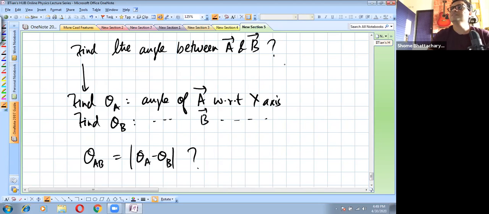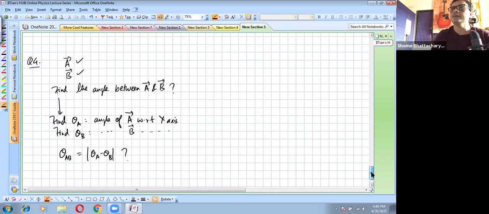So just use the method that we discussed in that problem earlier, where we had found out the angle that a particular vector was making with the x-axis, including the quadrant concept and all that, from the tan theta formula. So you apply that for the given A and B separately. So I'm just writing out what A and B are. A is given here in the question as 12i cap plus 16j cap.